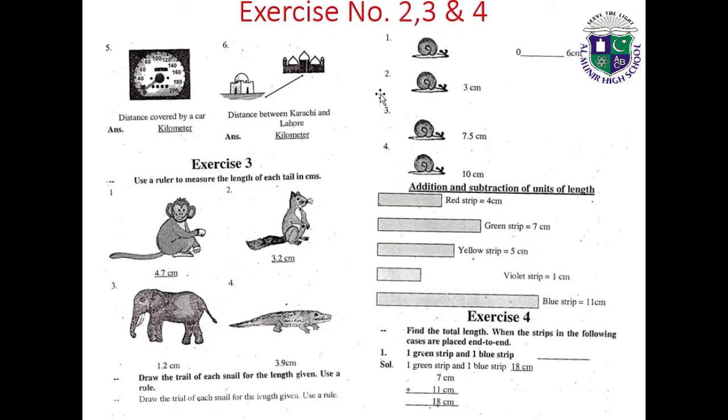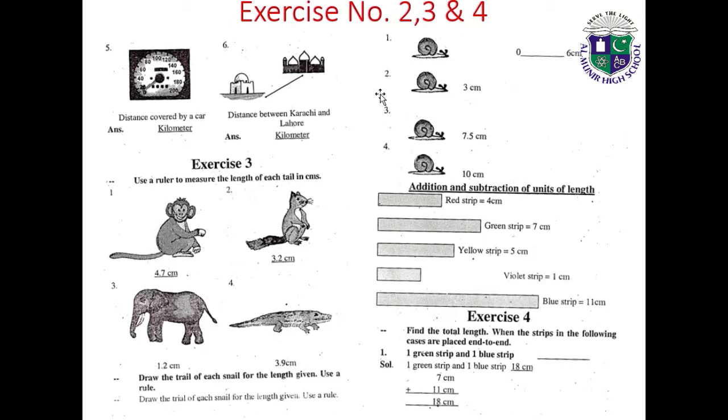Distance between Karachi and Lahore, kilometers. The values are 6 centimeter, 3 centimeter, 7.5 centimeter, and the fourth one is 10 centimeter.